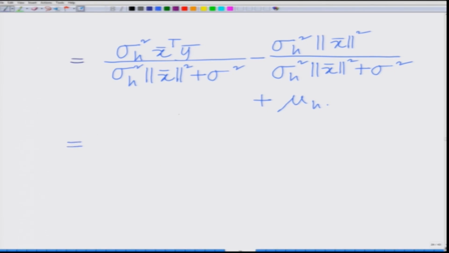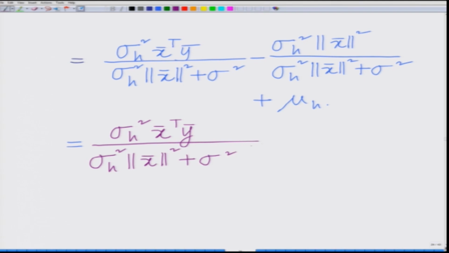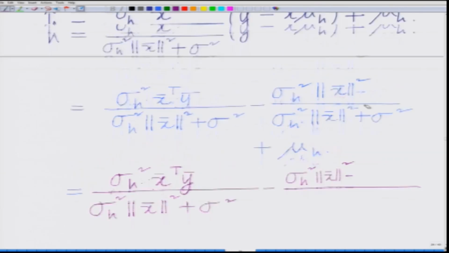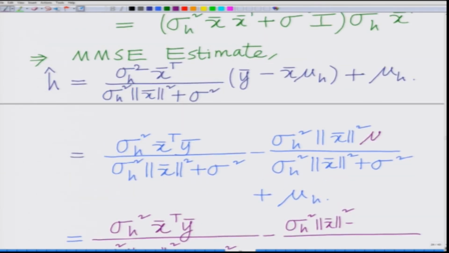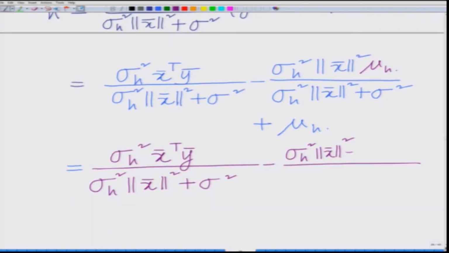Now, I can simplify this as sigma h square x bar transpose y bar divided by sigma h square norm x bar square plus sigma square, minus sigma h square norm x bar square into mu h, and when you take this mu h, that will give you minus sigma h square.